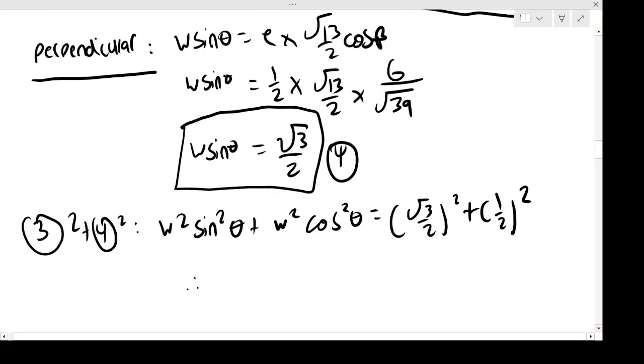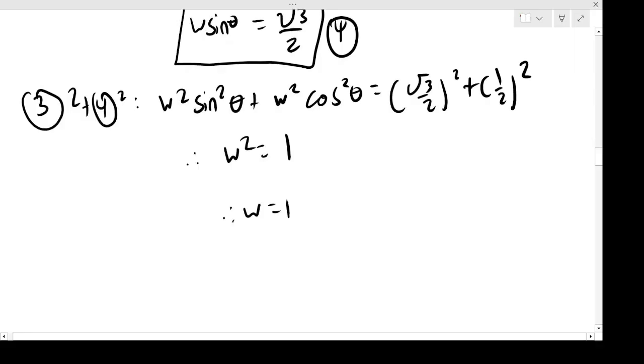And so therefore, hopefully you can see that's just going to go to W squared, because sine squared and cos squared is 1. Then if I work out the right hand side, the right side simplifies to 1. So W is just also going to be 1.